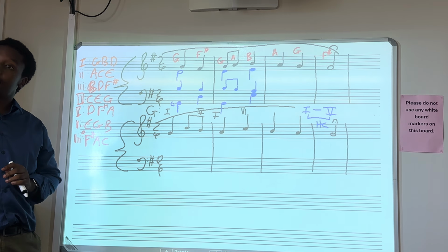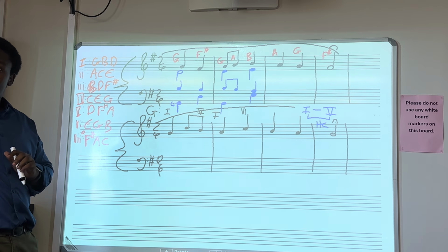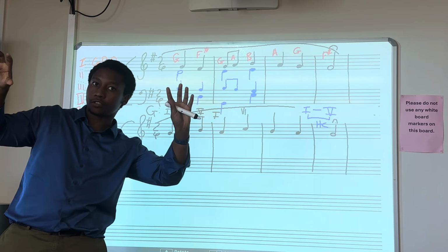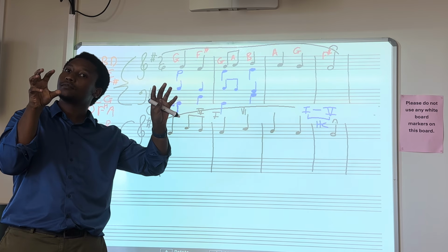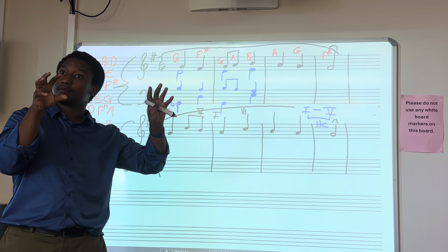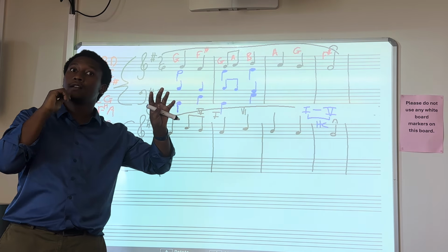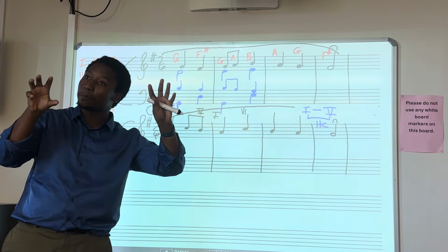Secondary chord. Now, if you're using a secondary chord in first inversion, what must you double? You double the third. I did say this. Secondary chord in first inversion, you double the third.